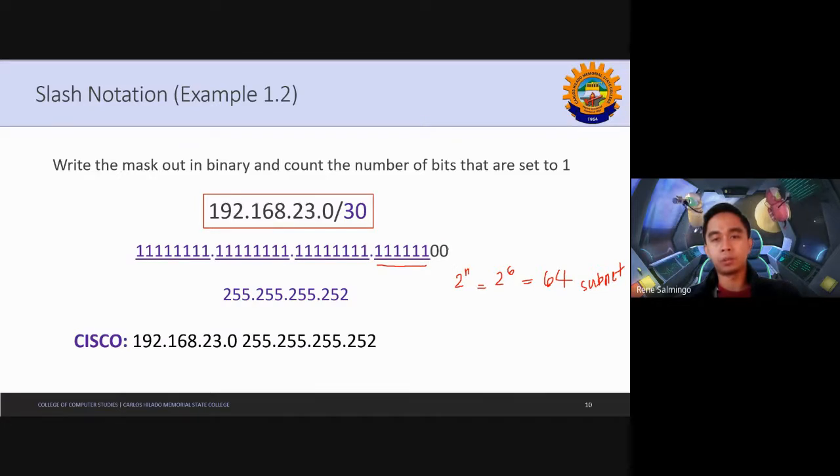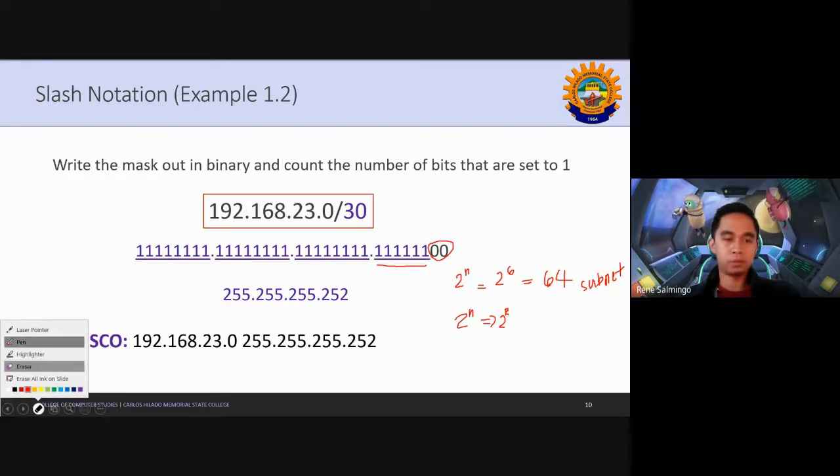The number of hosts per subnet is found by checking the number of zeros. So it's again 2 to the n. This is 2 raised to 2, and this would be 4.